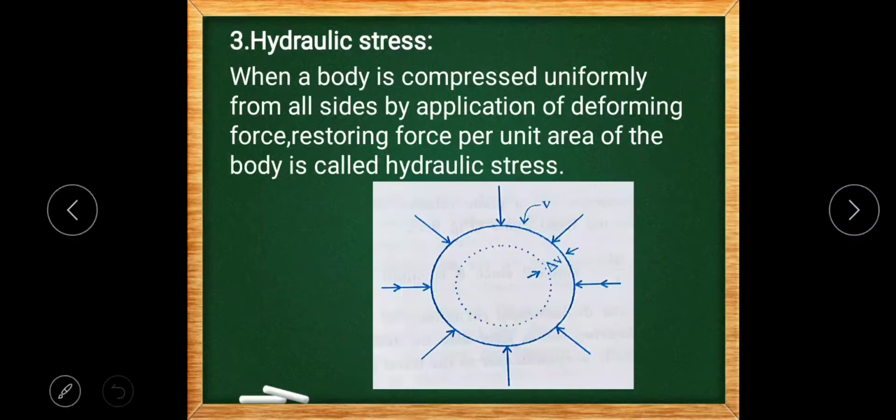For example, a rubber ball pressed from all sides decreases in volume. When pressure is removed, the ball regains its original volume. Hence, on the application of hydraulic stress, the volume strain is produced.